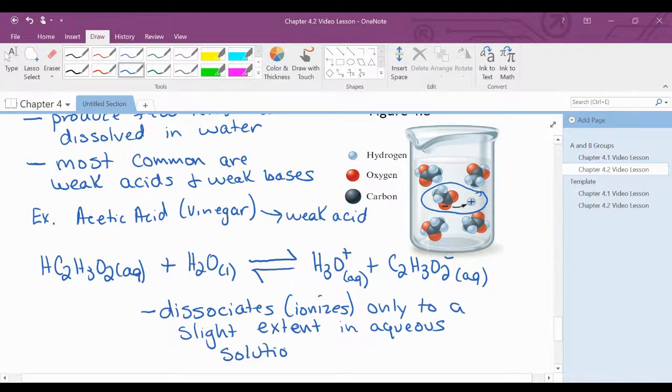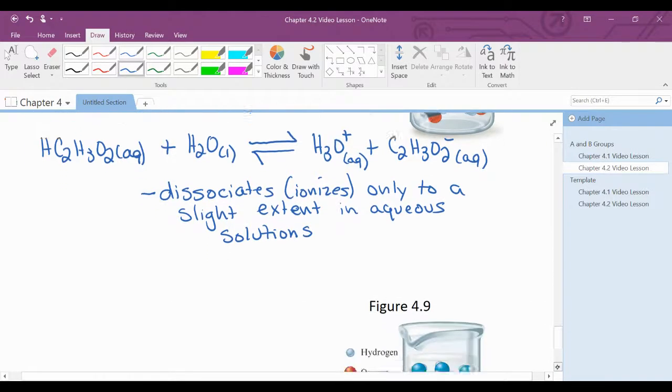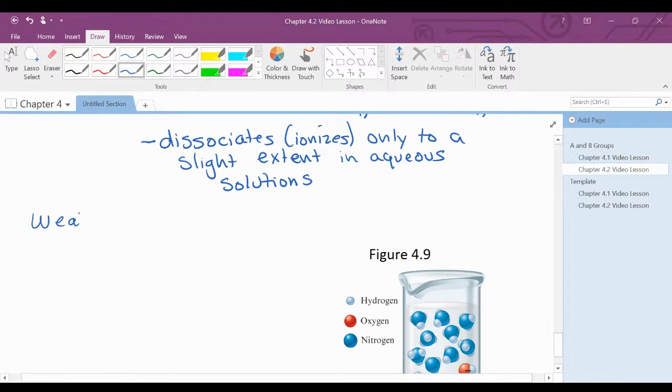So since there's fewer ions in solution, you don't have as much conductivity. The light doesn't turn on as brightly as if you had a strong electrolyte. Weak bases are the other example of a weak electrolyte.